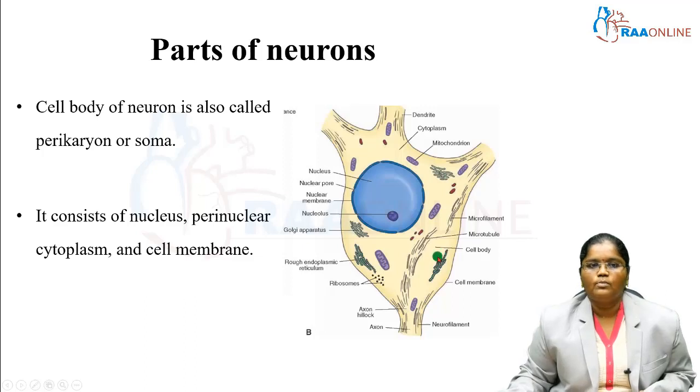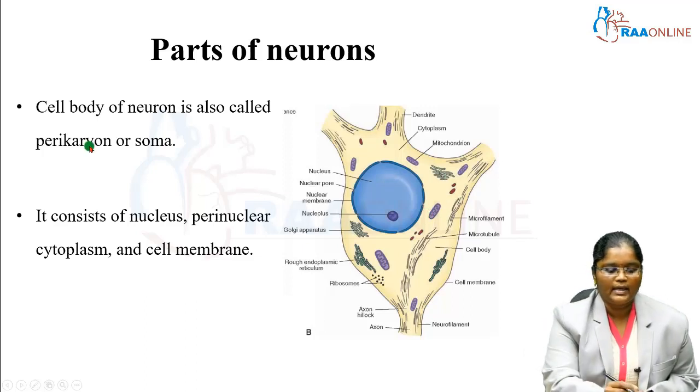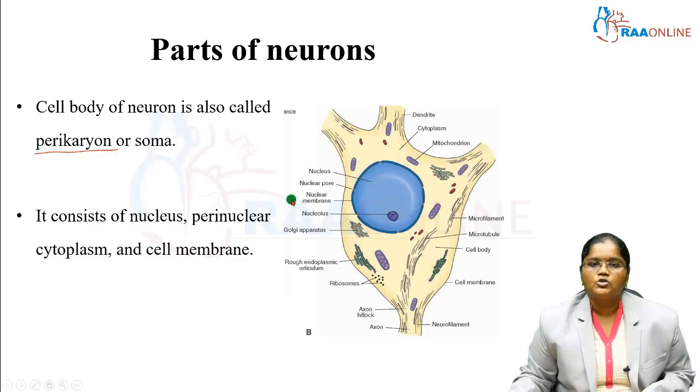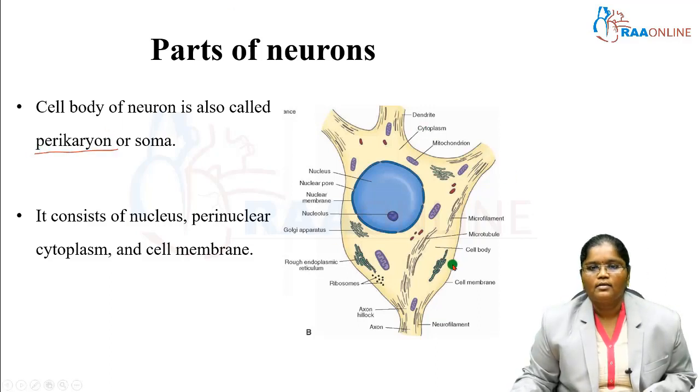So let's see the cell body or soma. It is also called the perikaryon. This cell body consists of a nucleus similar to other cells, with prominent nucleoli and a perinuclear membrane.